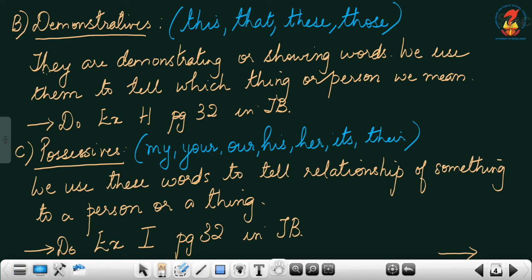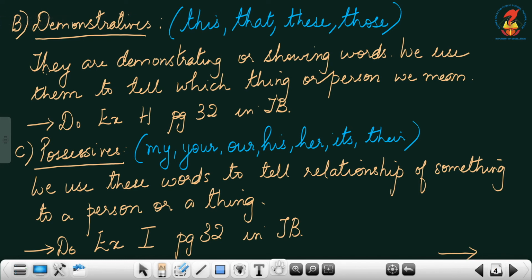Now demonstratives, they are demonstrating something, they are indicating something. Now what are the words or determiners that come under demonstratives? This, that, these, or those. Now these are the words that are demonstrating or showing words. We use them to tell which thing or person we mean. They are indicating which thing or object we are talking about. So in this there is nothing much to explain.